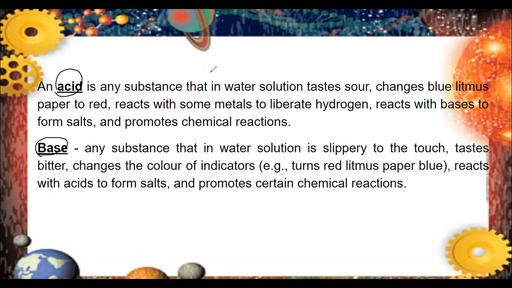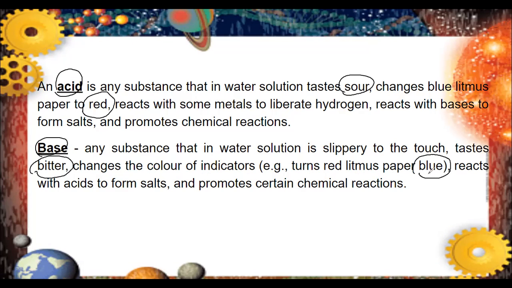If we say acid, it tastes sour, while base is bitter. For acid, when we dip the blue litmus paper into acid, it will change into red. And for base, the red litmus paper will turn into blue.